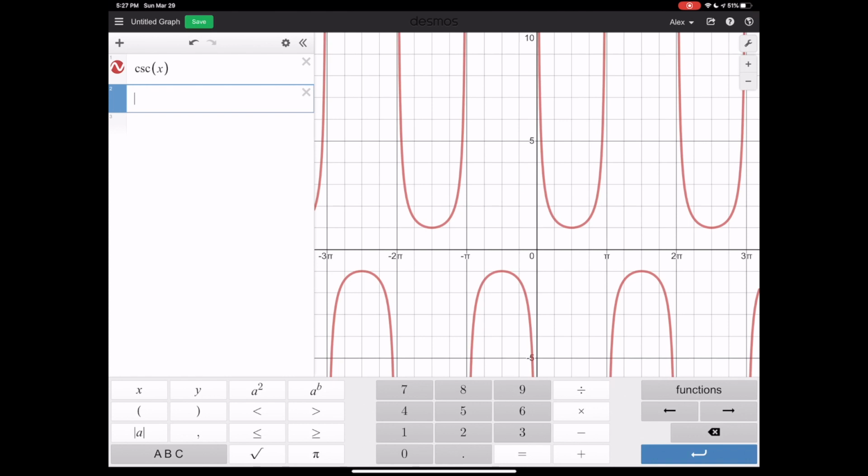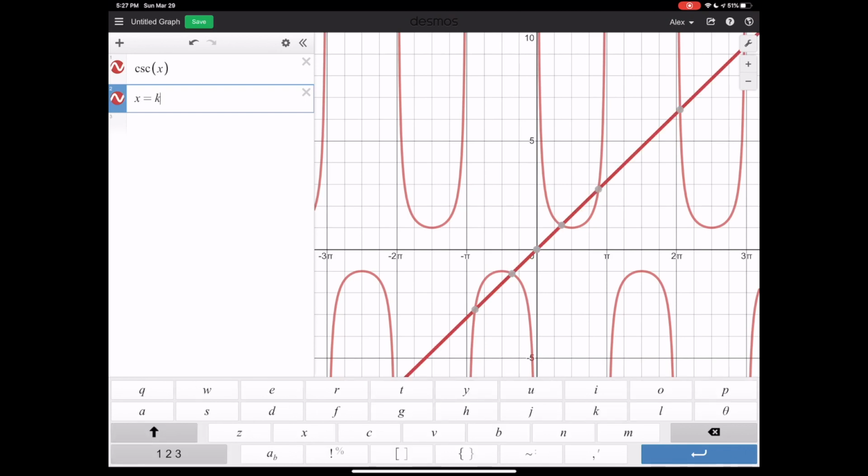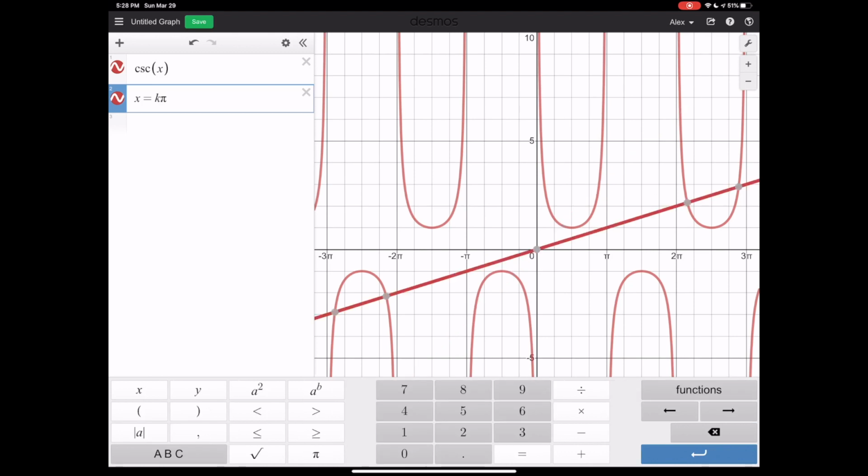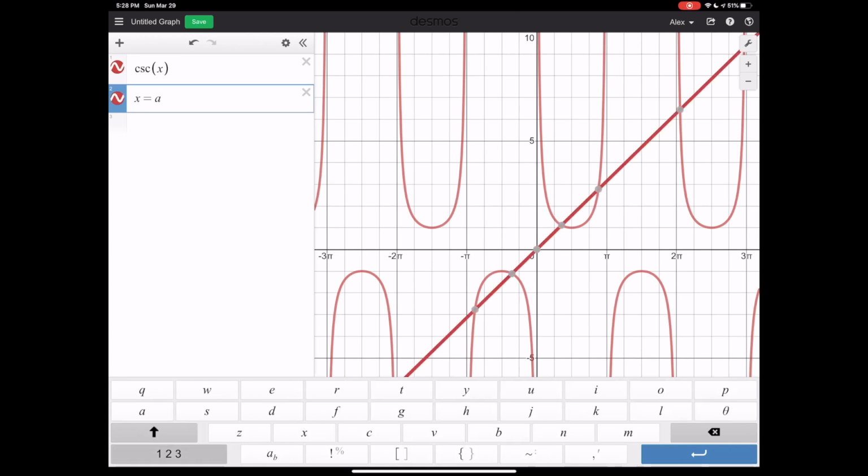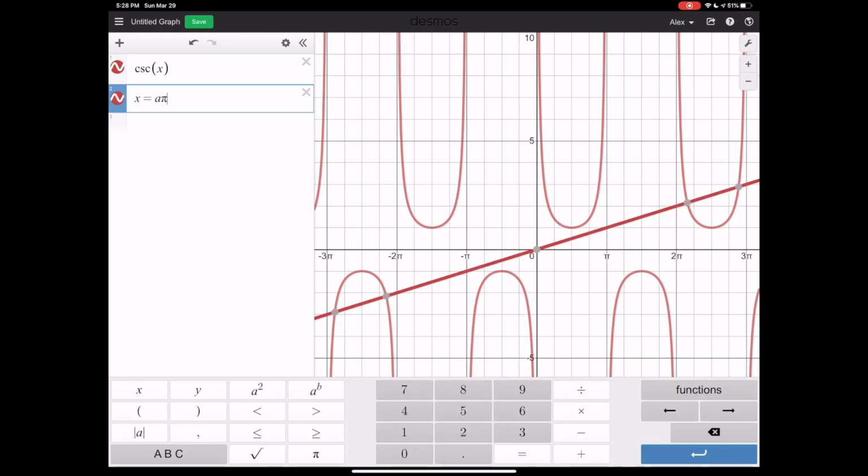And so if I was to go through and mark x is equal to, let's put a k here, and then a pi. I was hoping it was going to let me add a slider, but no, it's not going to let me.